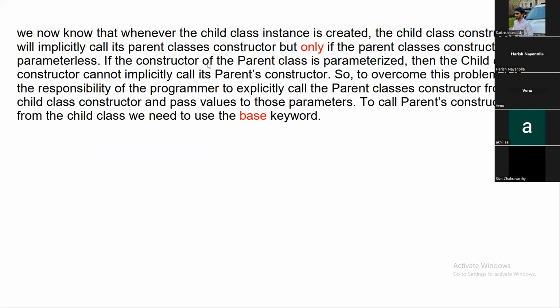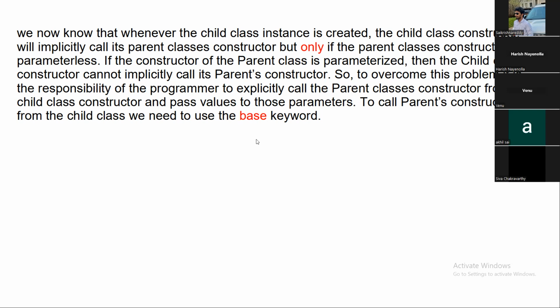If the constructor of the parent class is parameterized, then the child class constructor cannot implicitly call its parent constructor. To overcome this problem, it is the responsibility of the programmer to explicitly call the parent class constructor from the child class constructor.